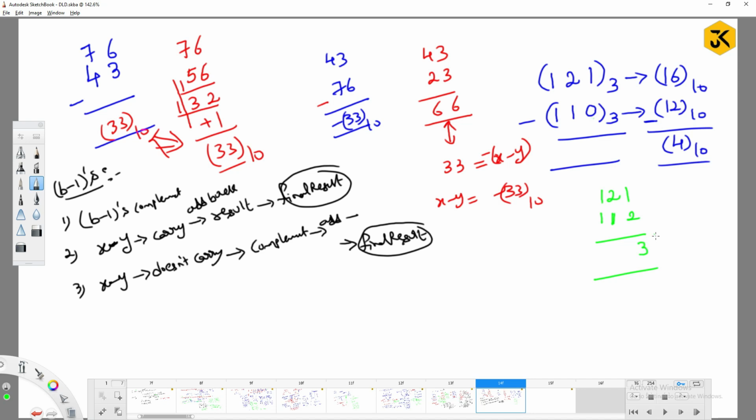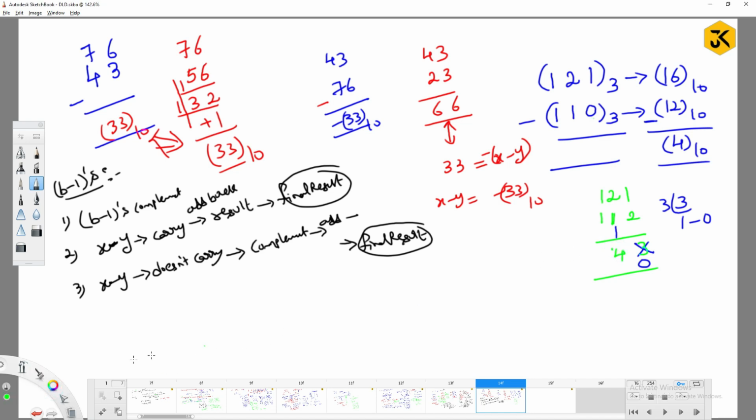What is the value? 3 converted into base 3 is 10. Is it okay? 3 ones are 3, so 10 in base 3. Now observe, you got 4, but 4 is not available.